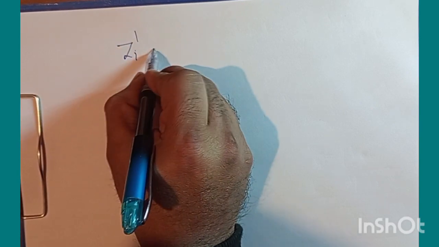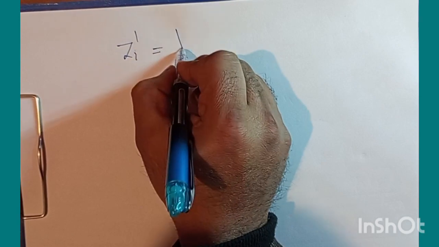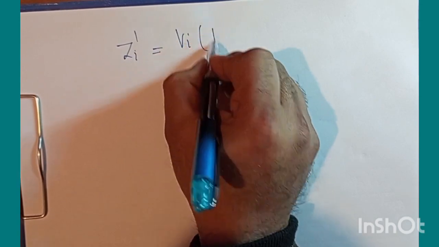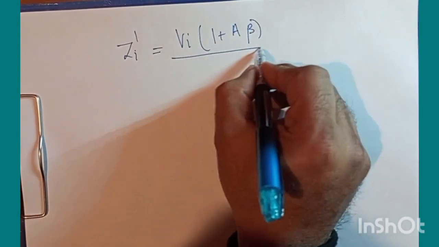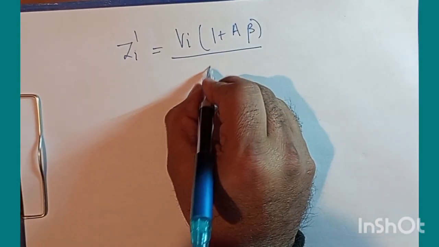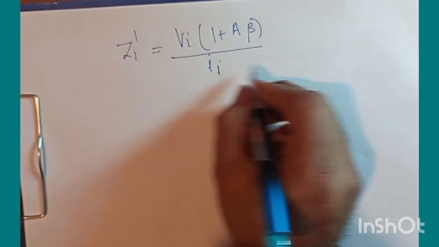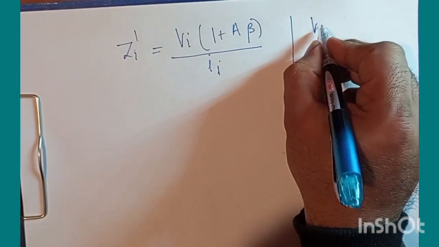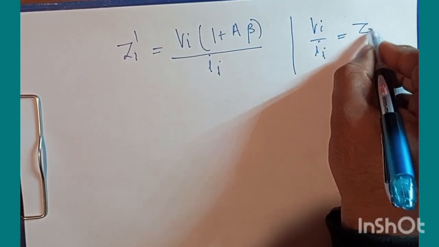Zi dash is Vs, but Vs is Vi times 1 plus A beta, divided by I. Now, what is the ratio between Vi and I? It's already defined as Zi.